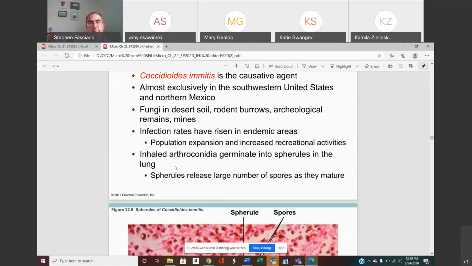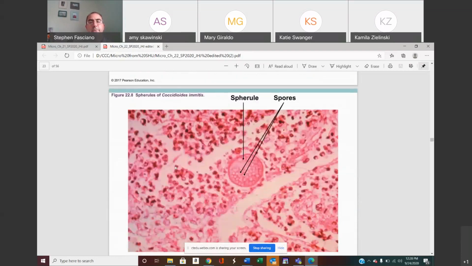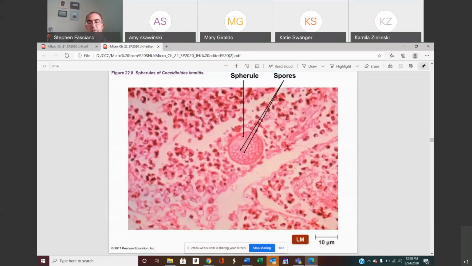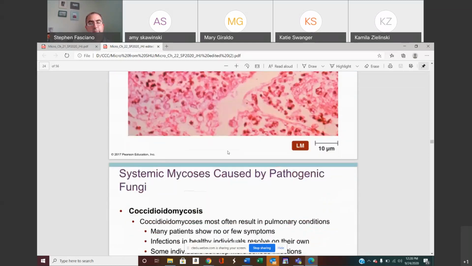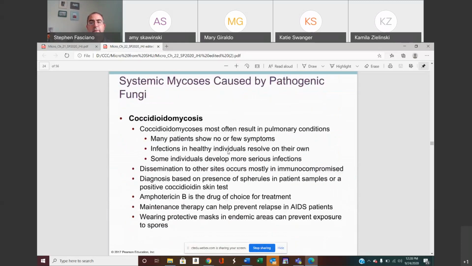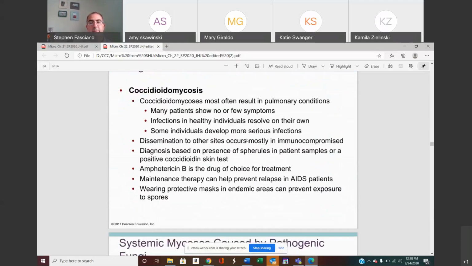And basically, you inhale arthroconidia, which are like little spores, which germinate in your lung. Right? And here's what it would look like if they cultured that infection. So it most often results in pulmonary conditions. It can disseminate to other sites, but usually that's only in people who are immunocompromised. So it can go to other areas of your body, but usually it's only if your immune system is really weak.